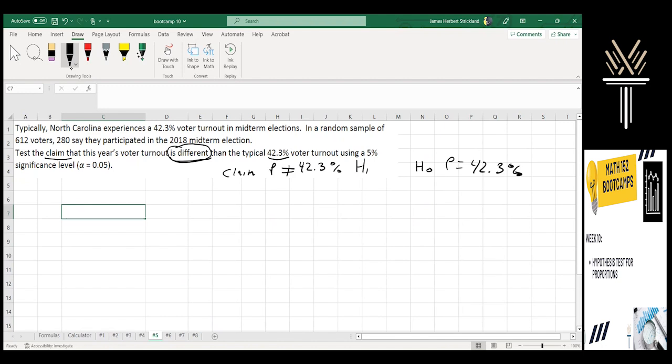And we have a lot of the information we need now. But notice we're saying that it's different than 42.3%. We have no idea if it's more than or less than. That's why it's a two-tailed test. We have to check both sides. It could be more than, it could be less than. All we know is that we're saying that it's not 42.3.